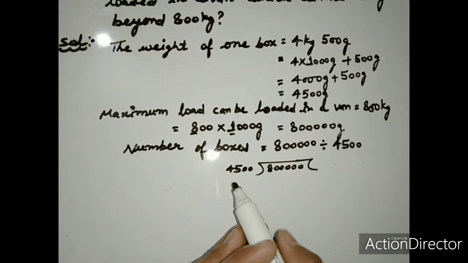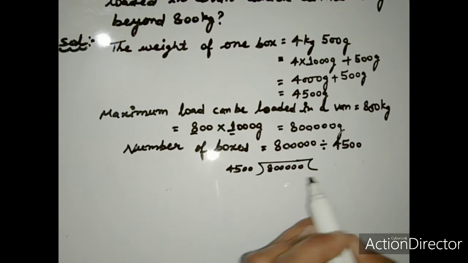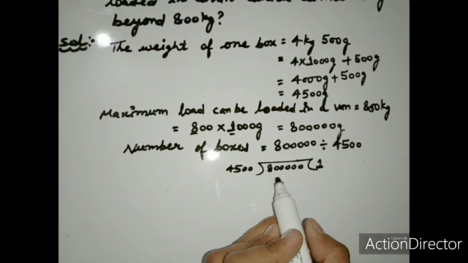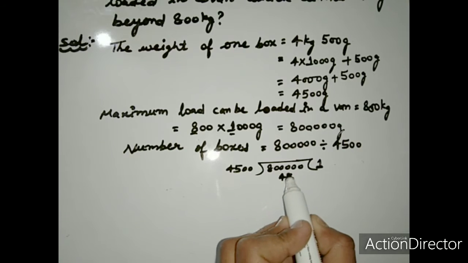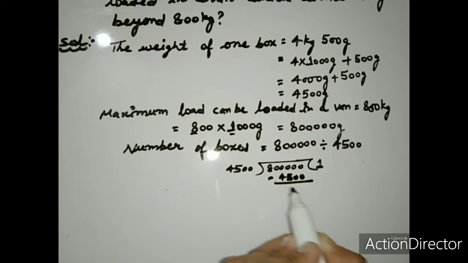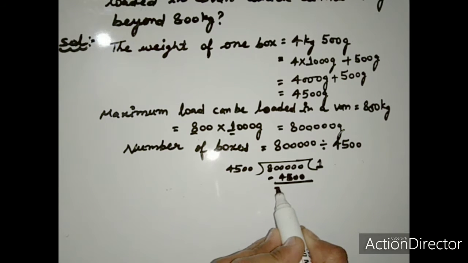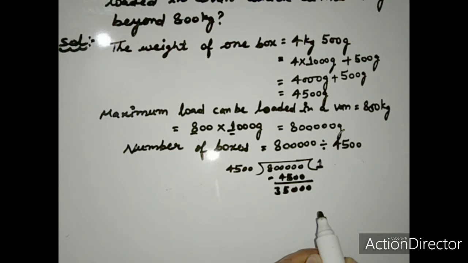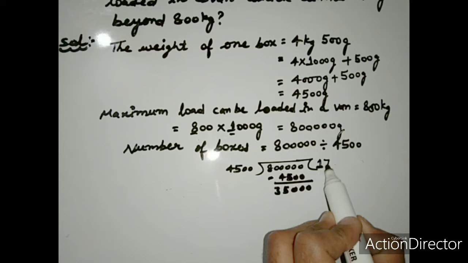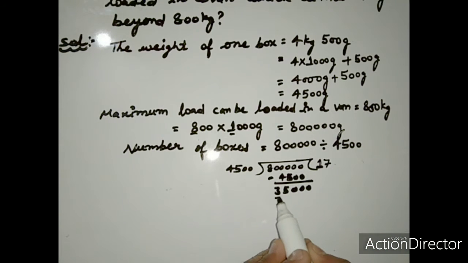So here 4500 divides 8 lakh one time. So here we write 4500. When we subtract these two numbers, then we get 35,000 here. Then we multiply 45 by 7. Then we get 31,500 here. After that we subtract these two numbers, then we get 35,000 again here.